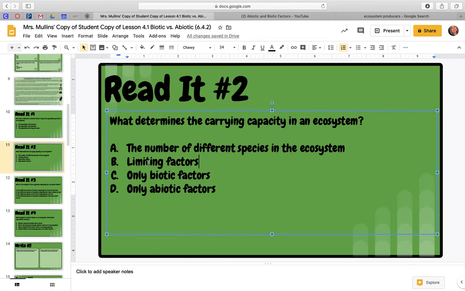So if there's not a whole lot of food, water, and shelter, it's not going to be a high carrying capacity, right? Because basically people or organisms in that ecosystem need those things to survive. But if there's a high amount of those factors, food, water, shelter, then the carrying capacity will be high.